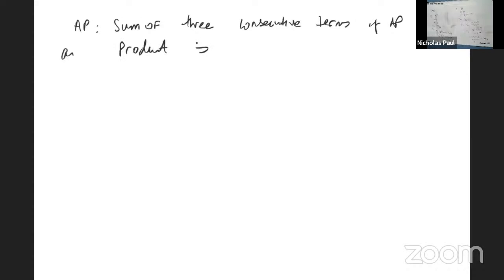The sum of 3 consecutive terms of an AP is 18, and their product is 120.